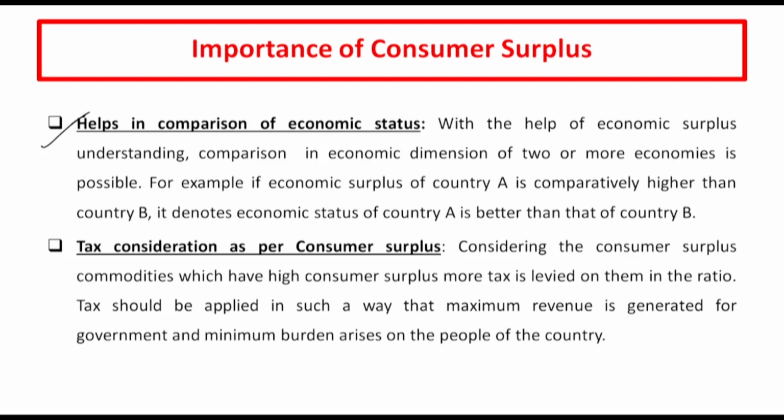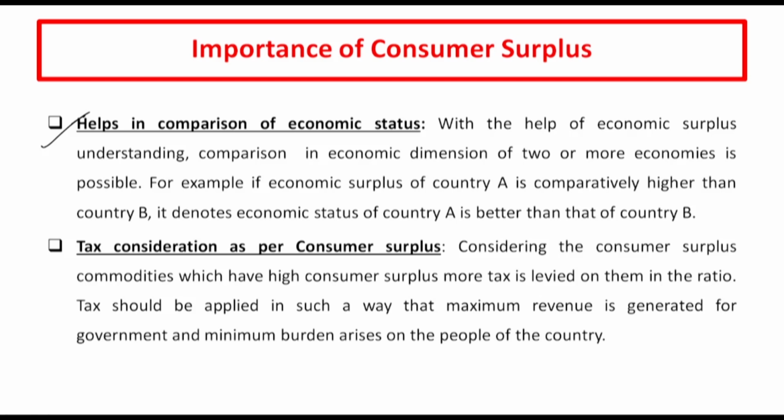For example, if country A is having a consumer surplus in comparison to country B, that means the consumers of country A are benefiting. They are getting the maximum satisfaction. They are using their money rationally. So definitely the economy will be progressive in nature.